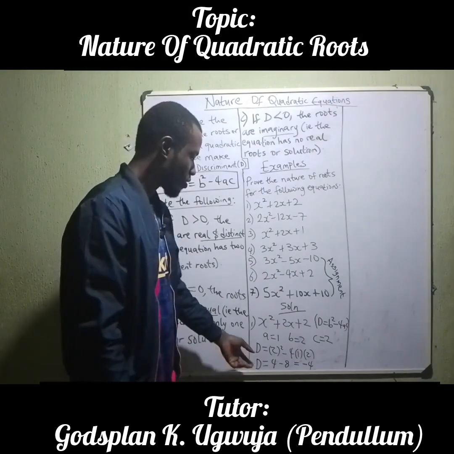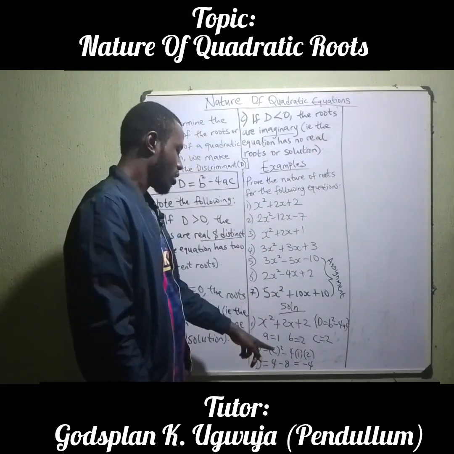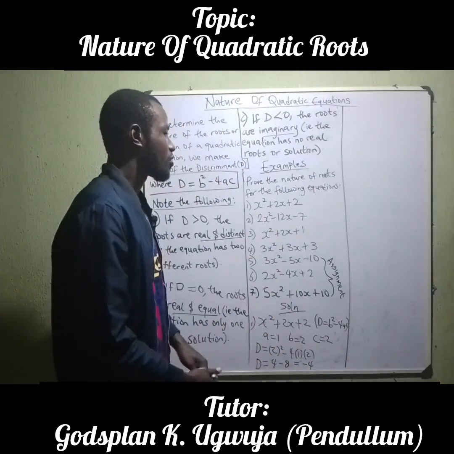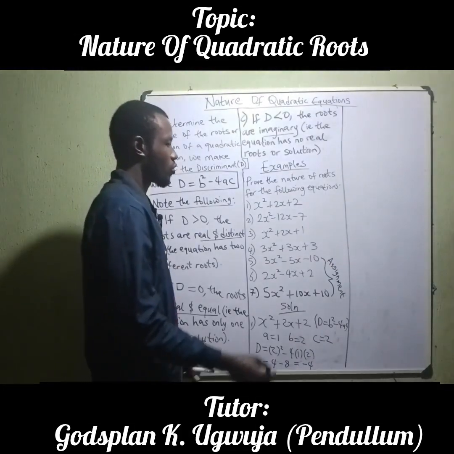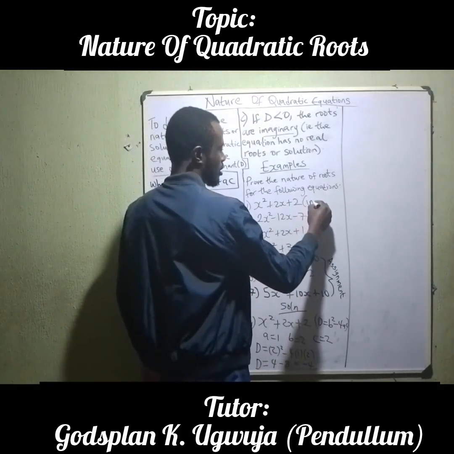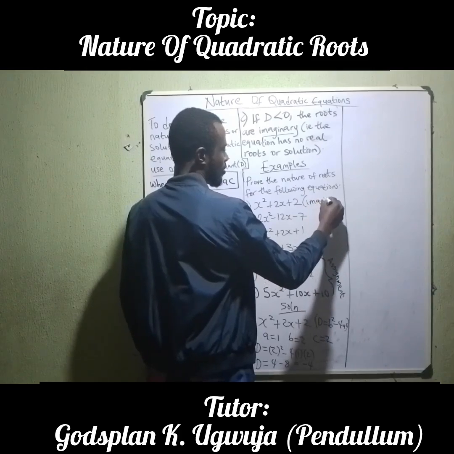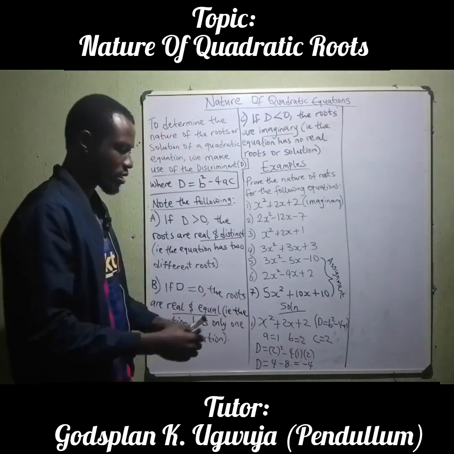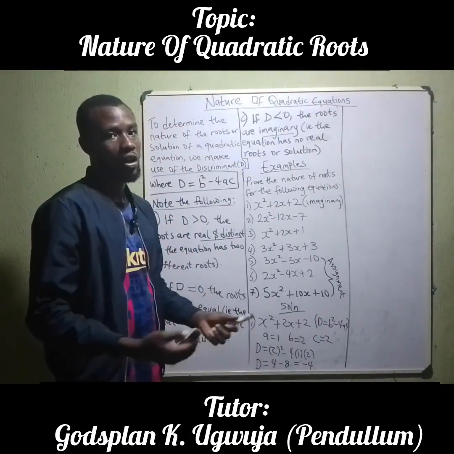So what this simply tells us is that this first equation, because d is negative, d is less than 0, has no real solution. So I can say the nature of roots is imaginary, and you can prove it. I won't do that, but I've shown you how to prove it.